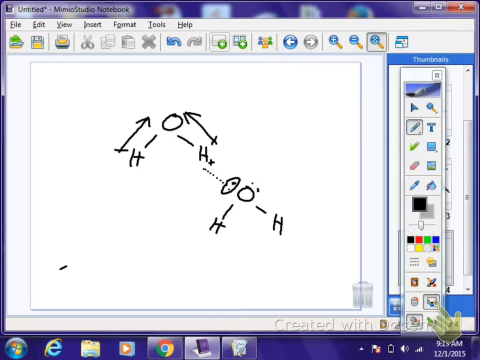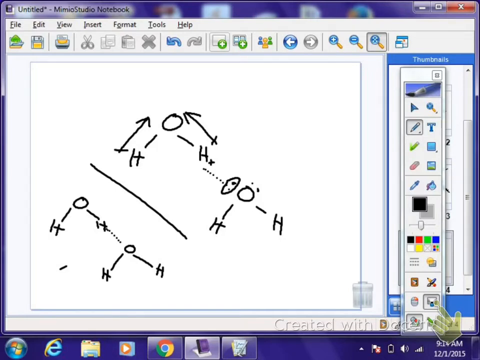Makes sense? So this is not dipole-dipole we're showing. Now, we could show dipole-dipole with this as well, but we're not going to show the unshared pairs of electrons because we don't want to confuse it. Okay? Because it's more attracted.